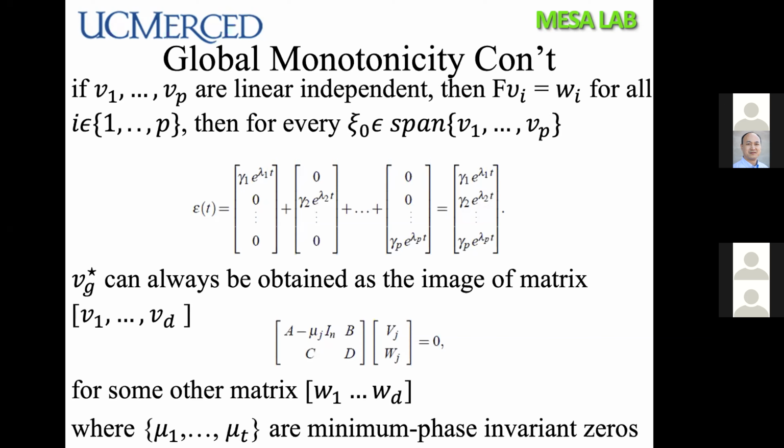We shall see that a basis for V_g star can always be obtained as the image of a matrix V_1 from the V_b that satisfies this equation, for some other matrices W_1, W_2, until W_d, where mu_1 until mu_d are the distinct minimum-phase invariant zeros of sigma.